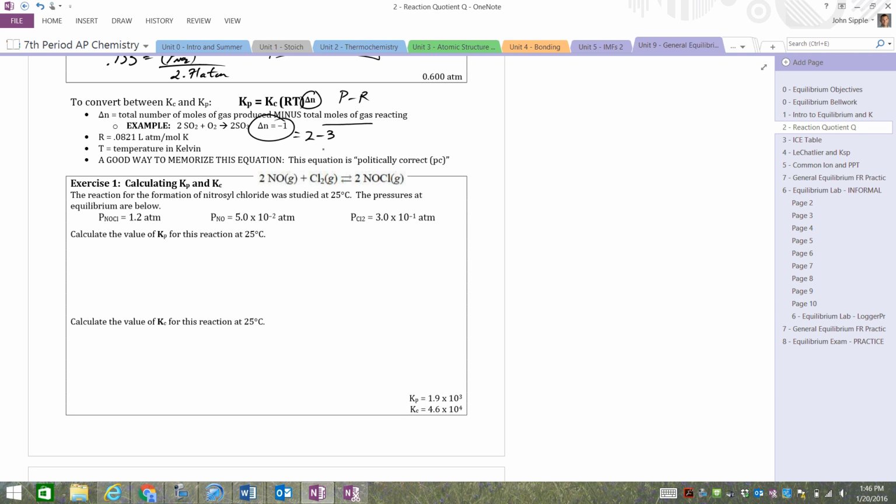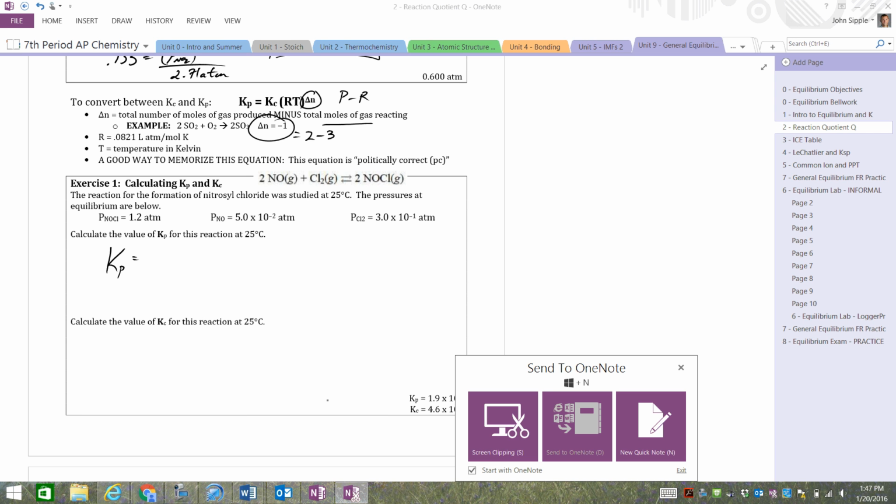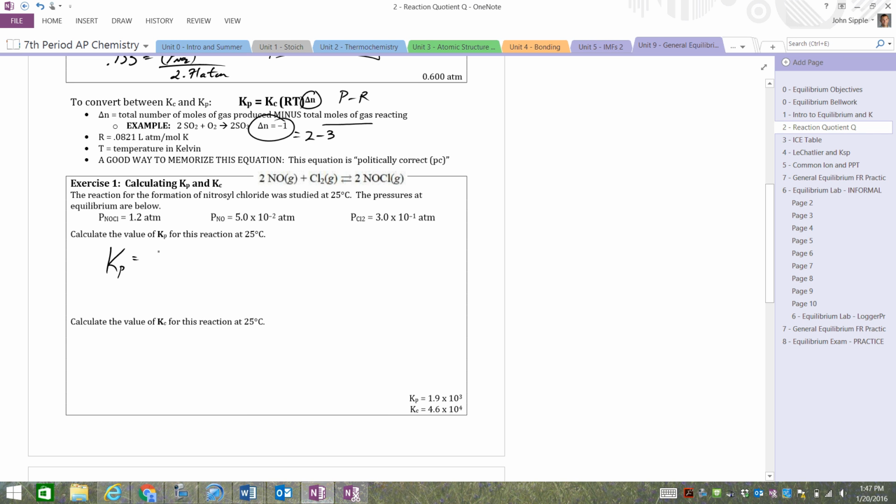In our example problem, they have us calculate for Kp. So once again, I'm just going to write the expression and then plug in the values. We've got the pressure of NOCl squared, products over reactants, over P of NO squared times the pressure of chlorine gas.